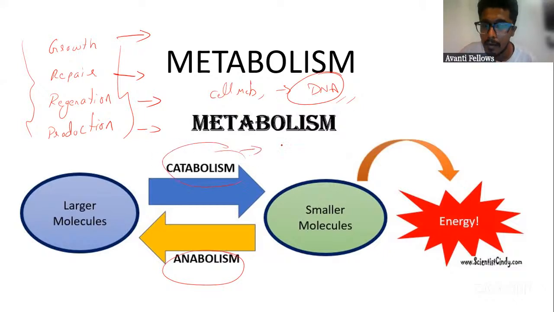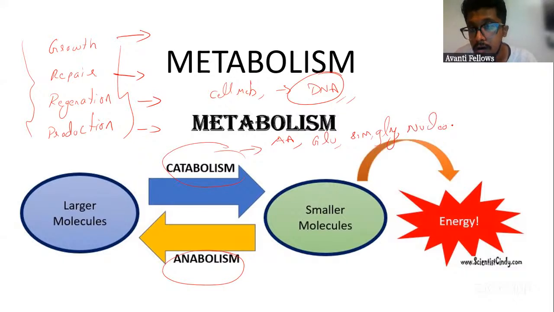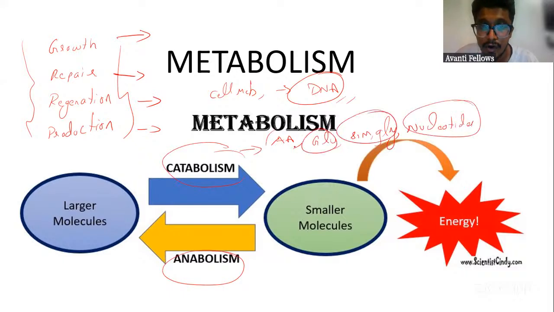What did we get through catabolism? Amino acids, glucose, simple glycerides, and any other biomolecules we can think about. Nucleic acids, for example, nucleotides. So these are all the simplest forms your body has manufactured, right?